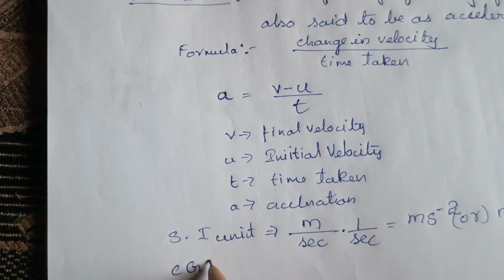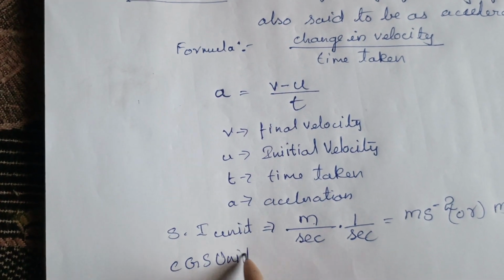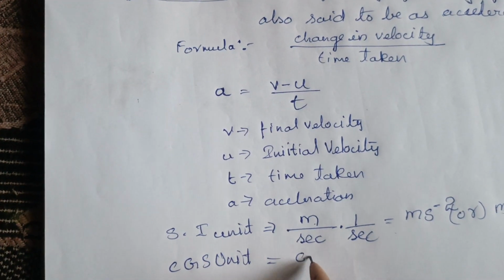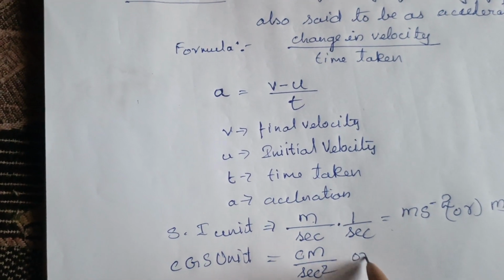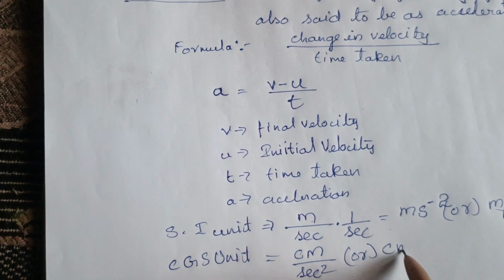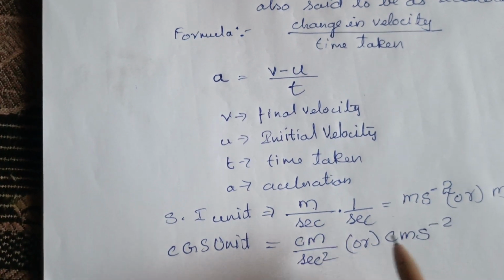What is the CGS unit of acceleration? It is quite obvious: centimeter by second square, or cm s power minus 2.